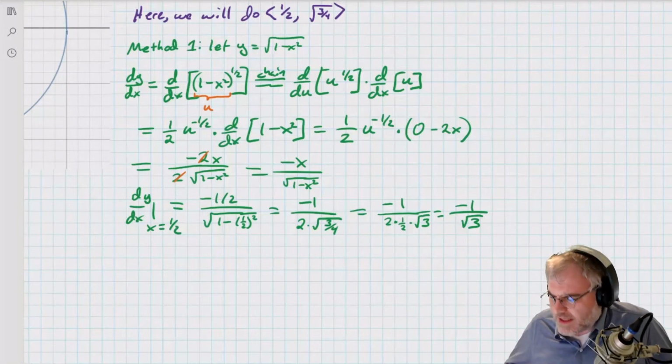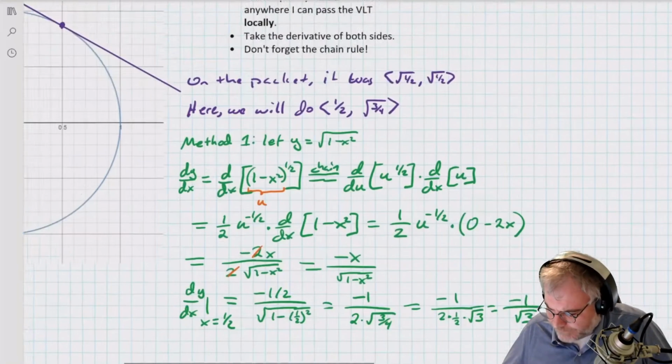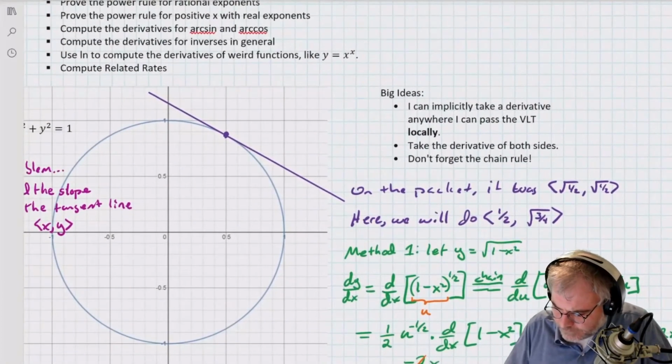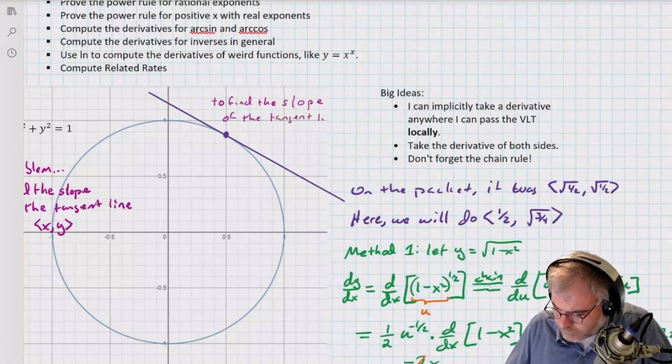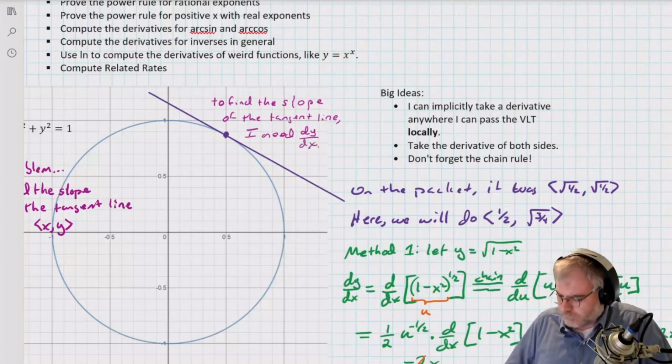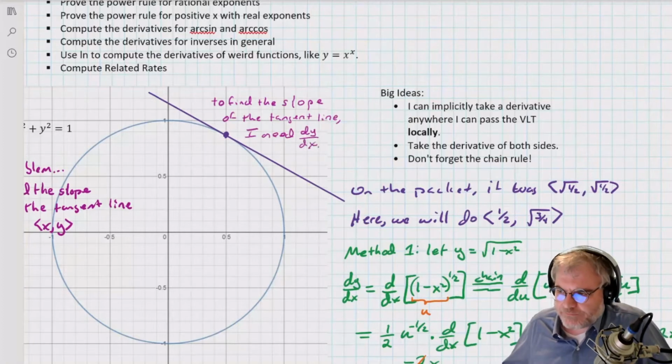I'm going to find the slope of the tangent line. Okay, I need dy over dx.